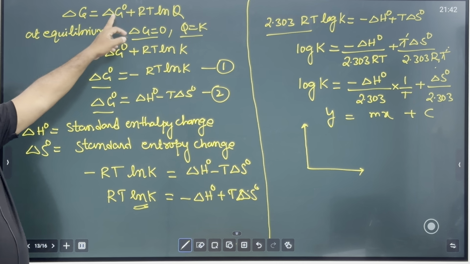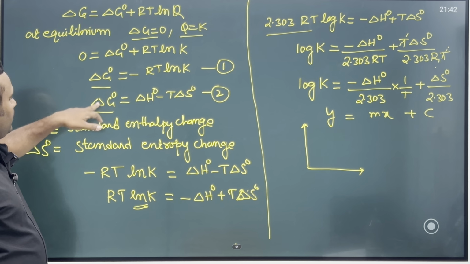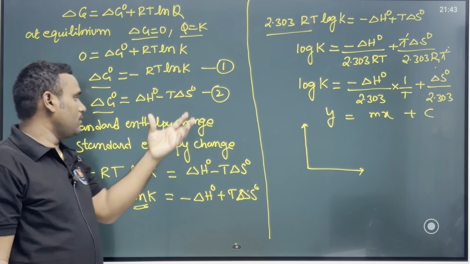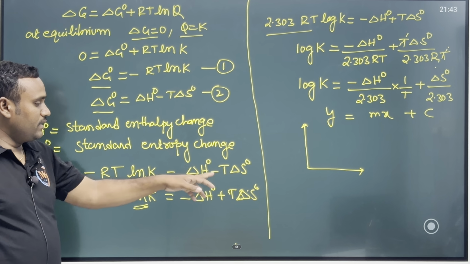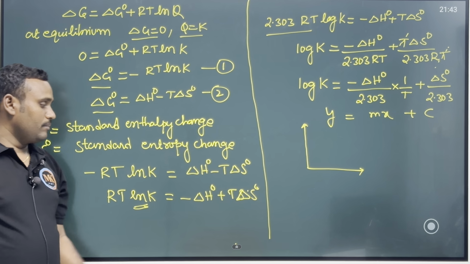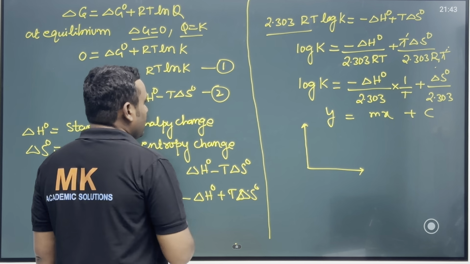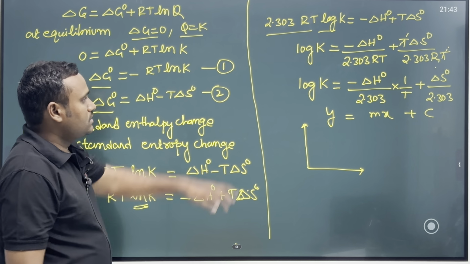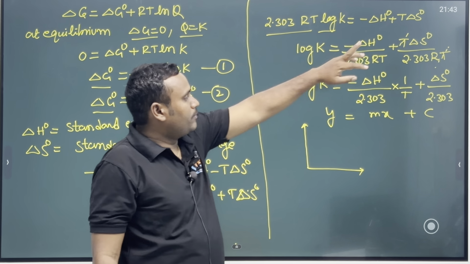So delta G is equal to delta G naught plus RT ln Q from the thermodynamic relation, and delta G naught is equal to delta H naught minus T delta S naught. This is the Gibbs-Helmholtz equation. From these two we can write minus RT ln K is equal to delta H naught minus T delta S naught, so RT ln K is equal to minus delta H naught plus T delta S naught. Instead of the natural logarithm, I am going to take log values, so the equation becomes 2.303 RT log base 10 K equal to minus delta H naught plus T delta S naught.